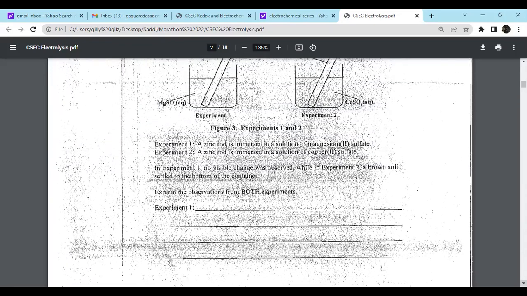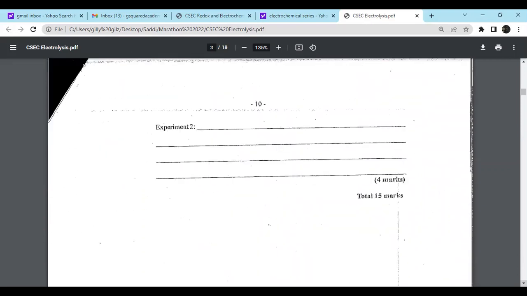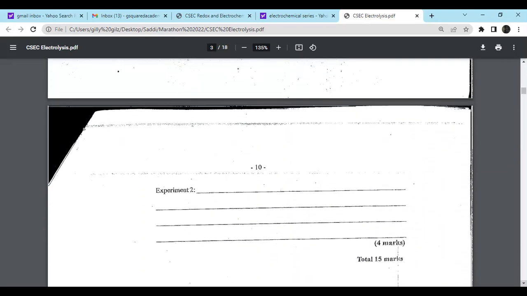See, brown solid settled at the bottom of the container. That was 2014. And of course, that's for experiment 2.